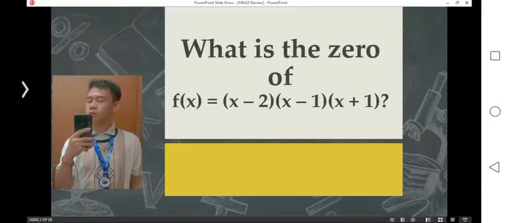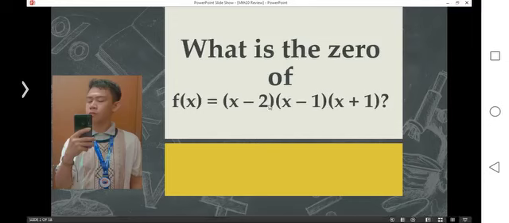What is the zero of f(x) = (x - 2)(x - 1)(x + 1)? As you can see, given the factors of your function, all you have to do is apply the zero product property. So we get x - 2 = 0, x - 1 = 0, x + 1 = 0.